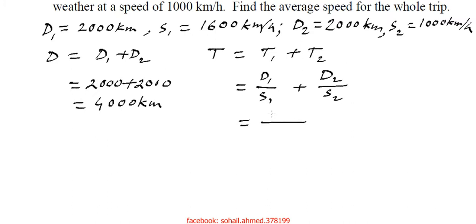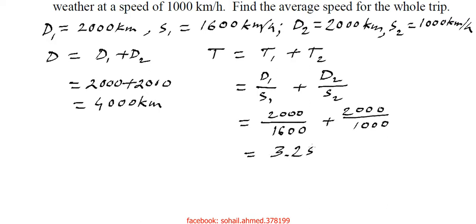So this D1 is 2000, S1 is 1600, plus 2000 by S2. What is S2? S2 is 1000. So total time will be 3.25 hours.